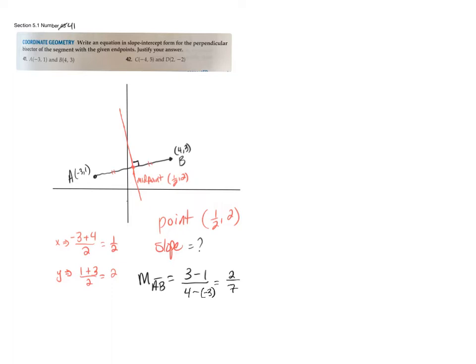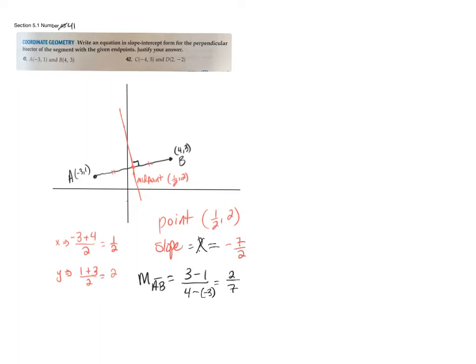So the slope of the black line is 2/7. If we're going to be perpendicular to that black line segment, we need to have the opposite reciprocal. So this is no longer a mystery. The slope of our perpendicular bisector is going to be the opposite and reciprocal of 2/7, which will be -7/2.